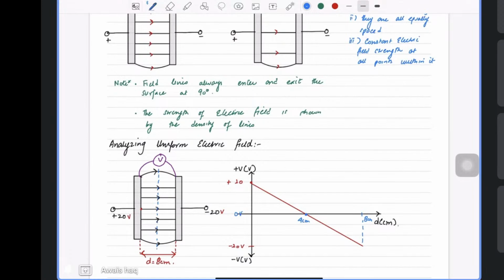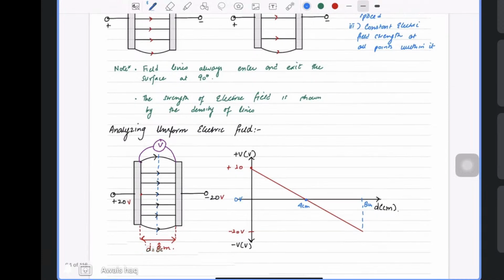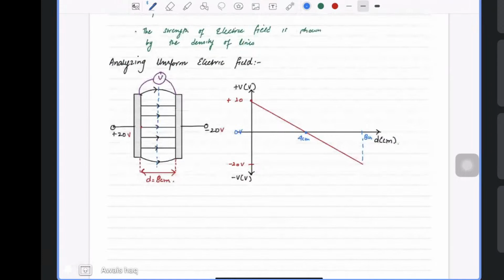Now, if you find the gradient of this line, the gradient will give me a value of change in voltage over change in distance, and it will be negative.